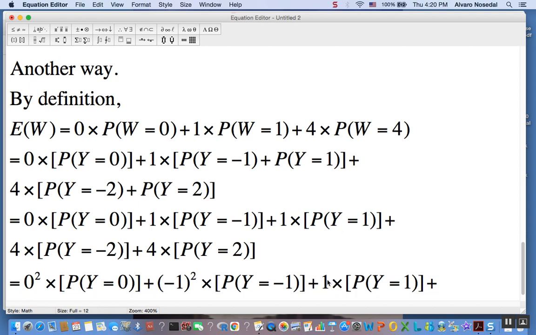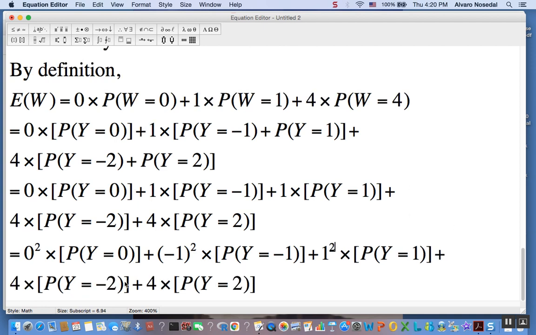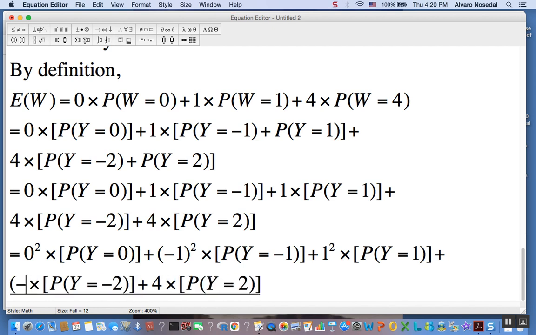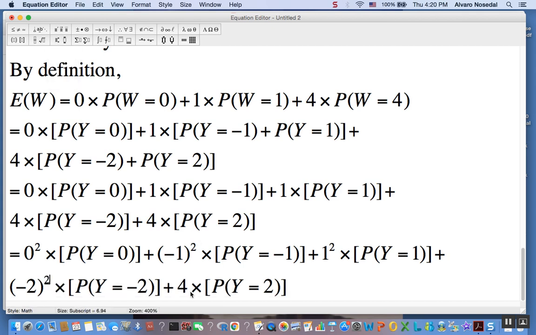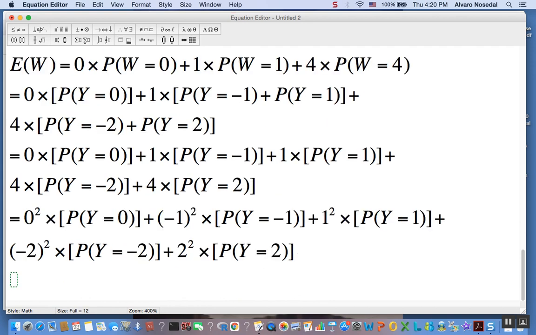This one is the same as 1 squared. 4, you see where I'm going, right? Is the same as -2 squared. And 4 is the same as 2 squared. Right? You guys agree?